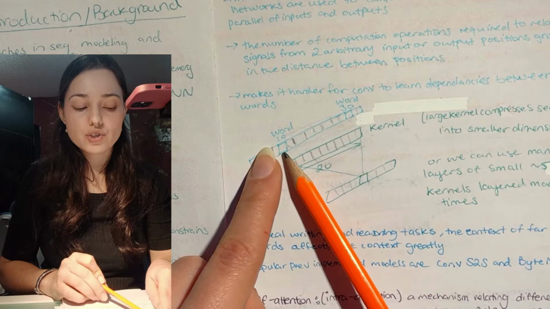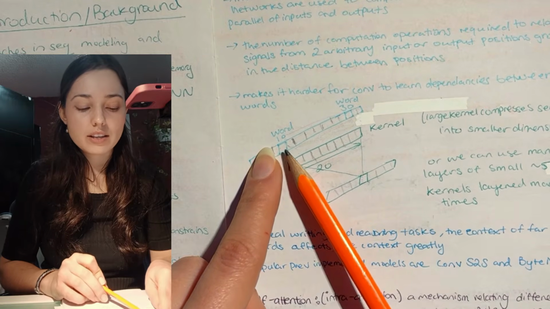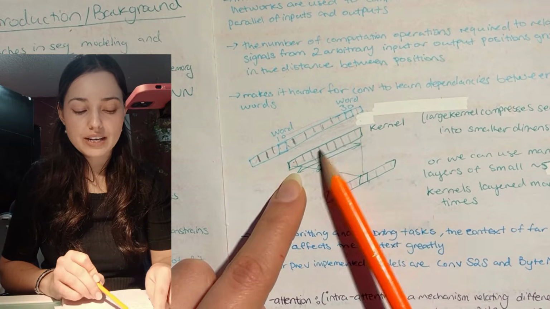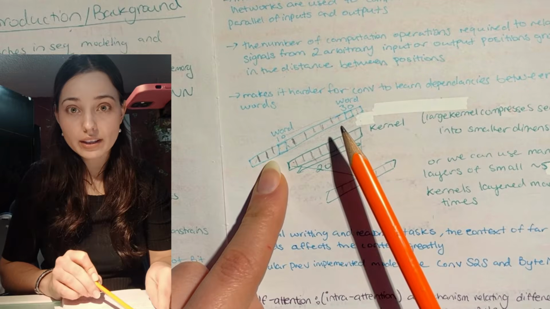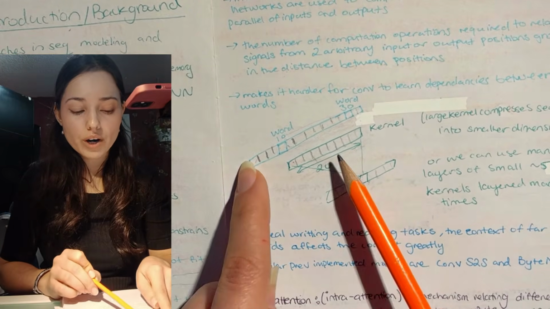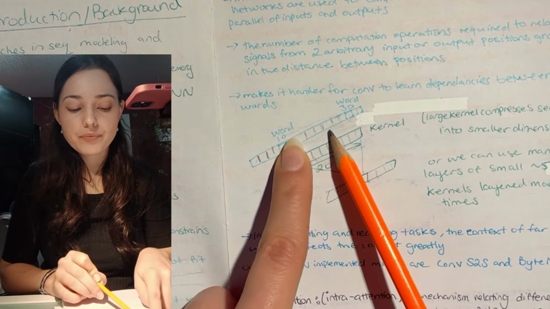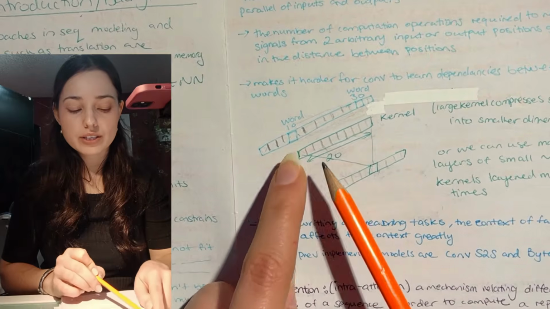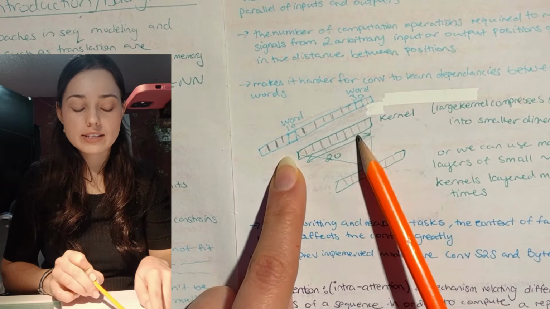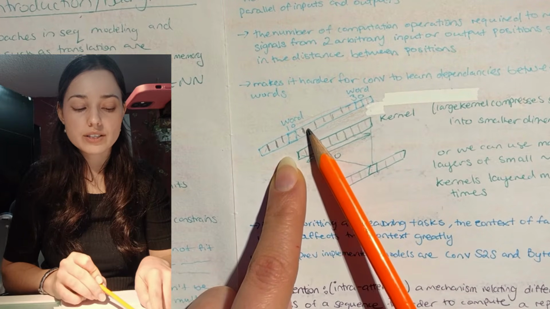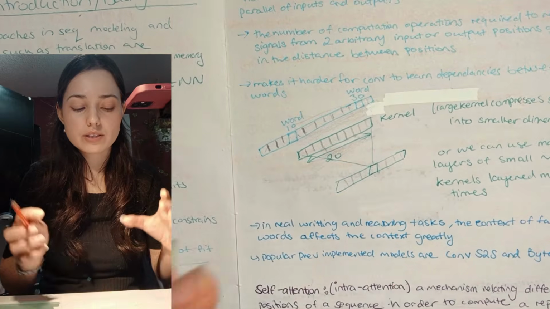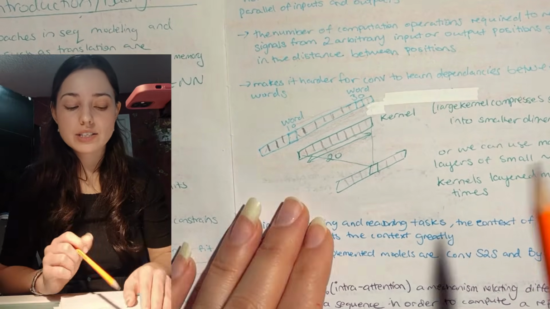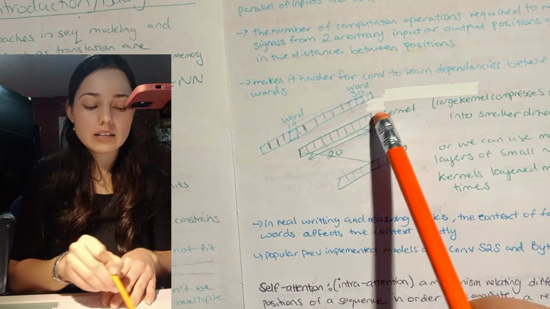So to join the context between the 10th word and the 30th word, you need a huge kernel or a huge stride length. When you have a long kernel like this, it averages all of these 30 words, so the context from all of these words is smeared together, and it's hard to really gain context.